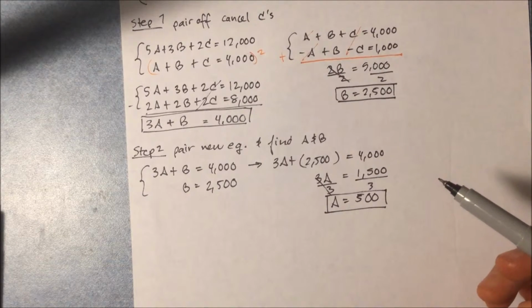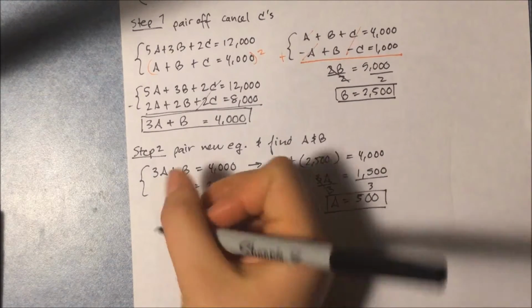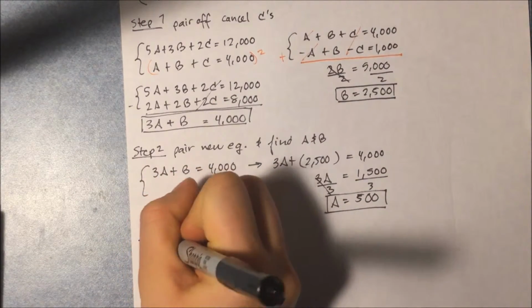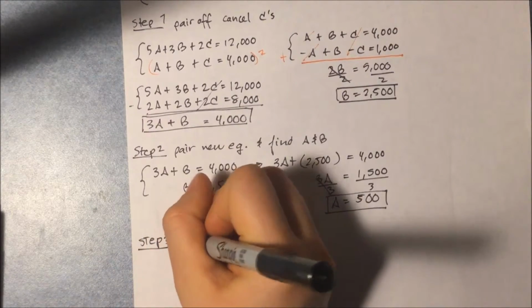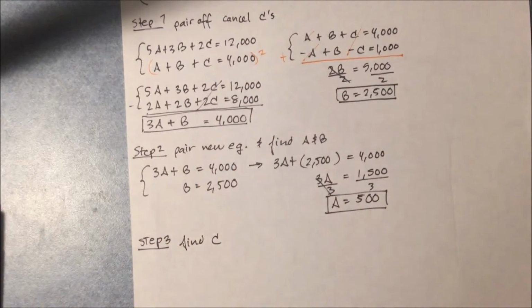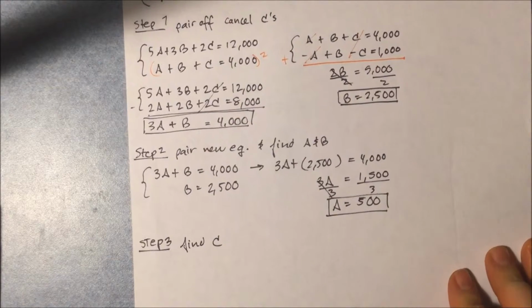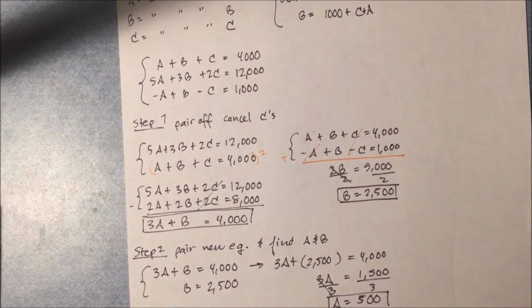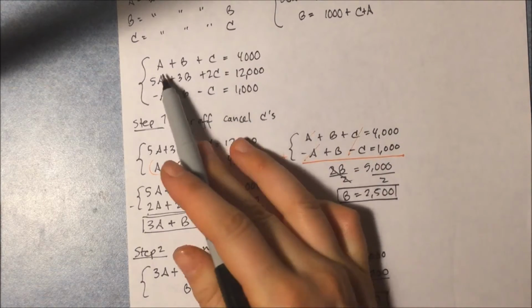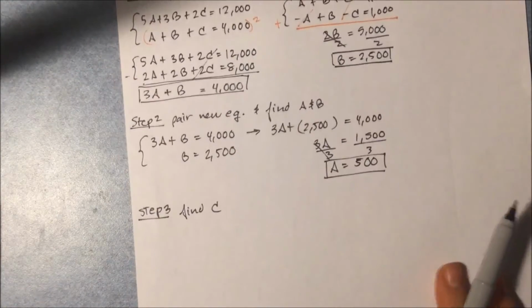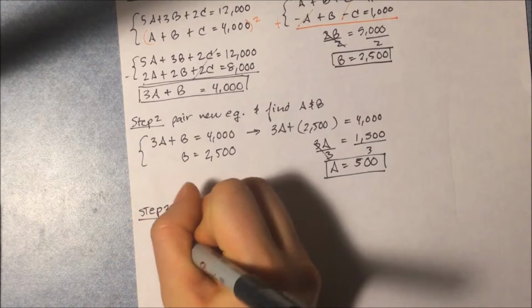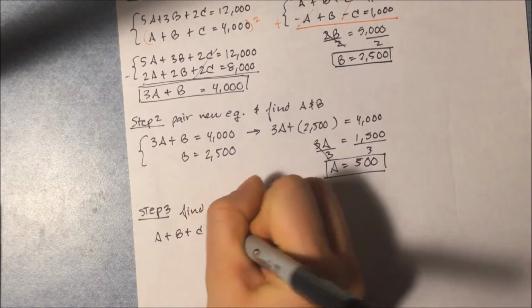My next step is to get to C. So step 3, find C. So I will go back to one of my original equations, just the simplest one, and solve for C. Let's just pick the first one. That looks pretty good. So A plus B plus C equals 4,000.